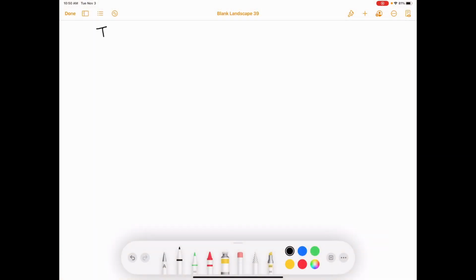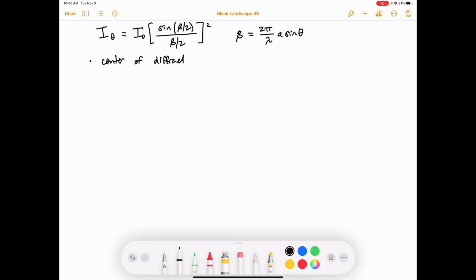Okay, so again, we have I theta equals I0 times, in brackets, sine beta over 2 divided by beta over 2, all squared, where beta is equal to 2 pi divided by lambda times a sine theta. Now, in the very center of the screen, the center of the diffraction pattern, again, that's where theta is equal to 0, which implies beta is equal to 0.